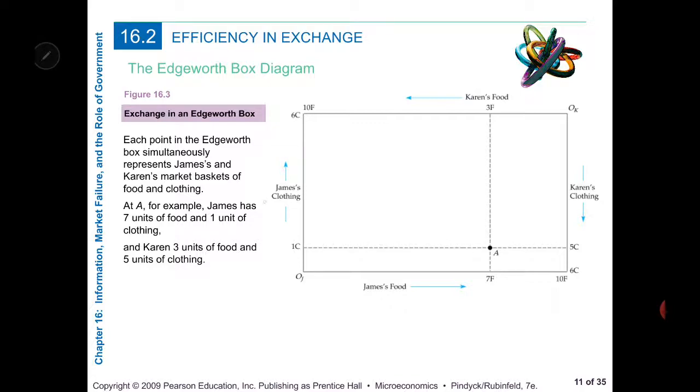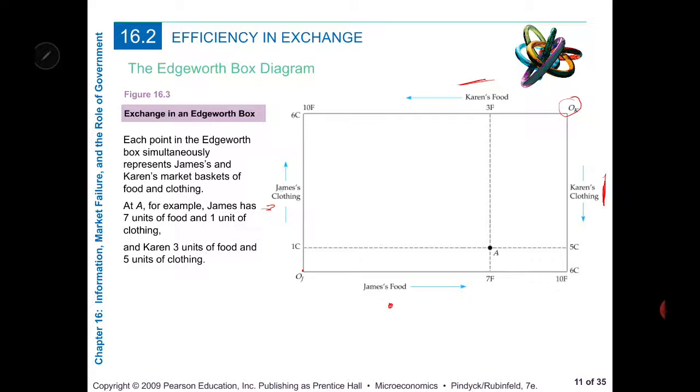James' clothing is on this side, James' food on this side, and then you flip the graph so that you can have Karen's side. Karen's origin is here, so Karen's food and then Karen's clothing. From the perspective here, this is 0, 0.